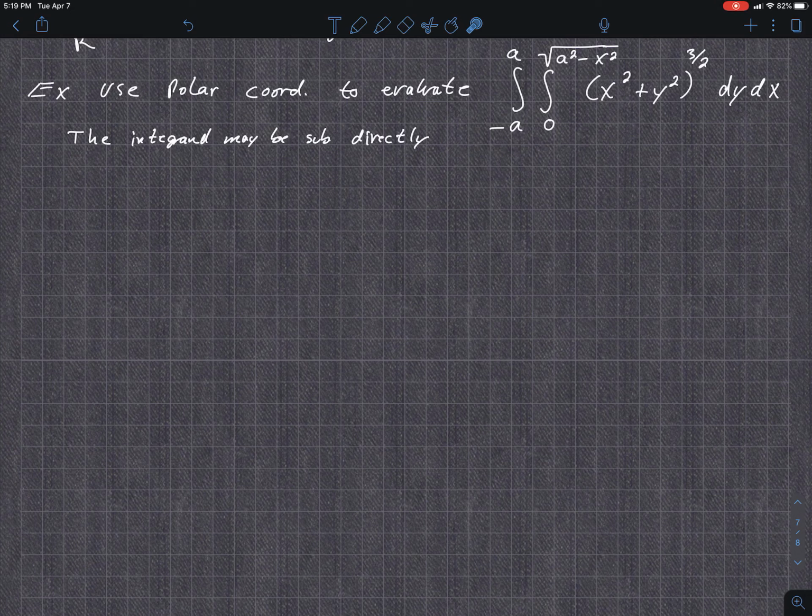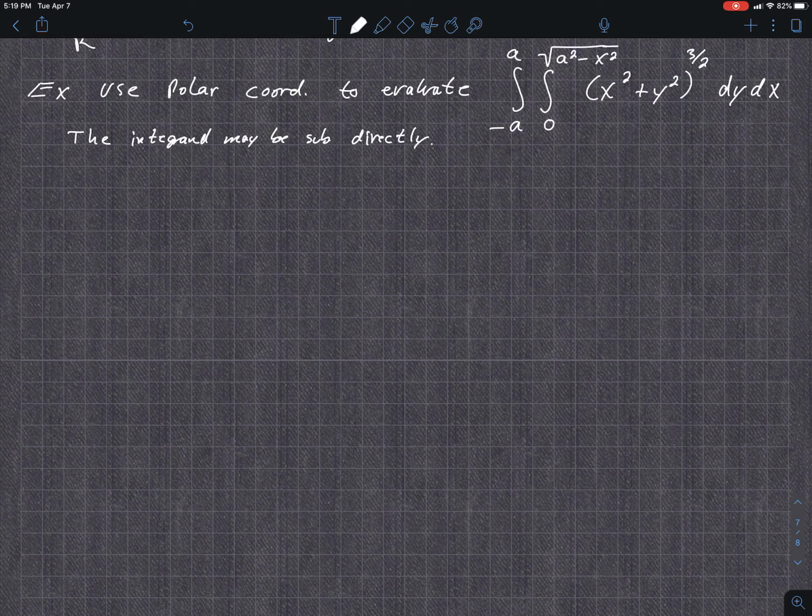What you need to do, though, is you cannot substitute directly for your limits of integration. You have to interpret your limits of integration as functions. Basically, it says y equals 0 to y equals square root of a squared minus x squared. Then it says x equals negative a to x equals a. You have to interpret that. You have to graph that.